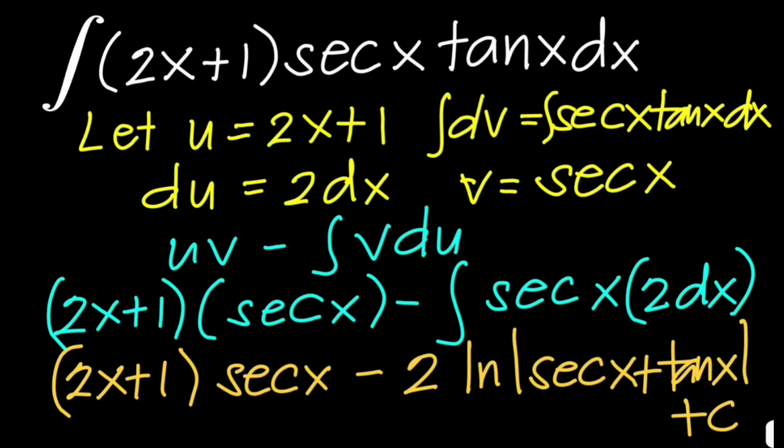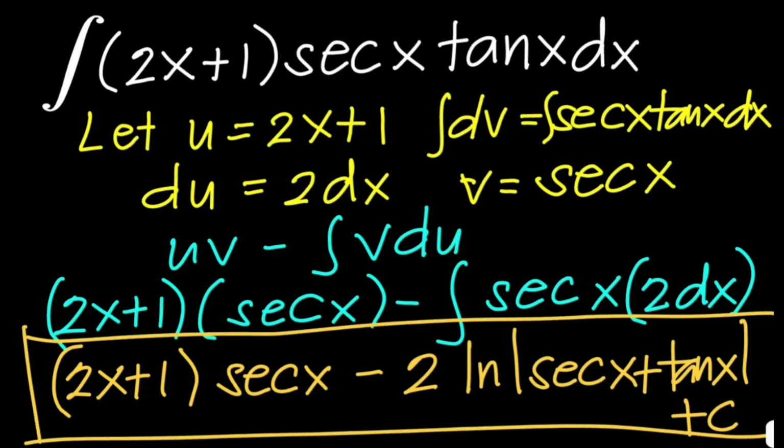Therefore, the integral of 2x plus 1 times secant x tangent x dx is just equal to 2x plus 1 times secant x minus 2 ln of secant x plus tangent x plus c.